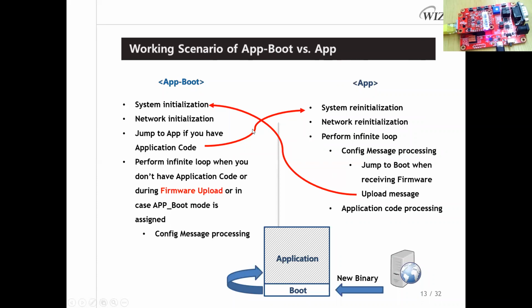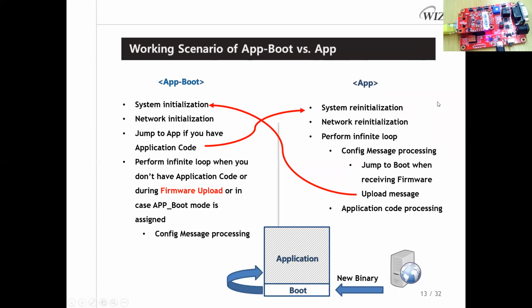The reason for the division into two areas, app boot and application, is to perform firmware update using Ethernet. App boot is a supervisor area to manage the firmware updates, and application is where the actual serial to Ethernet application code is.